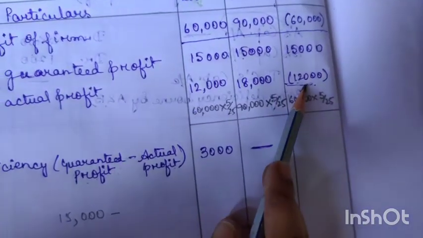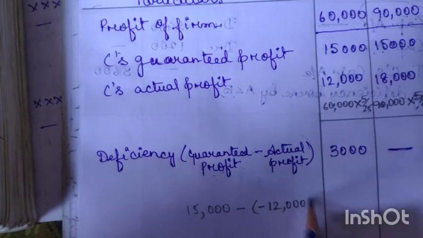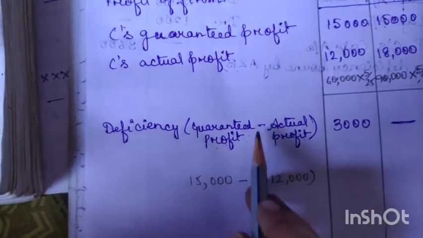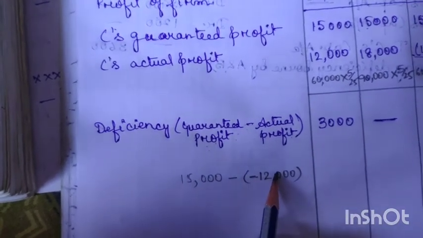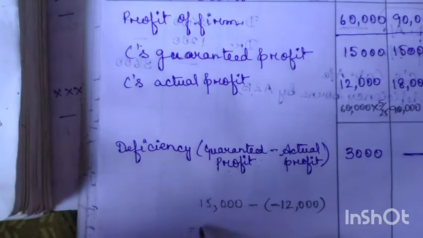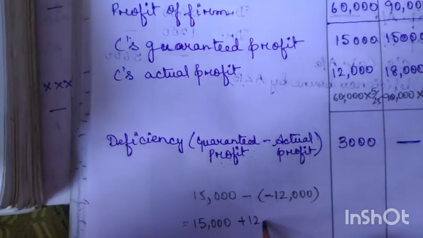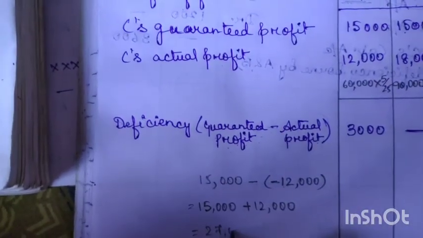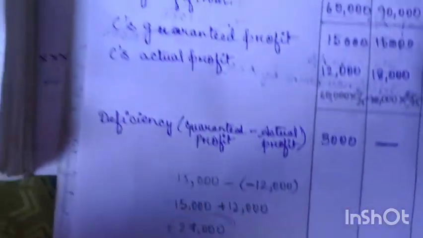Now in this year there was a loss, so we have to write two minuses here. This minus indicates loss, and this minus is according to the formula. So 15,000 minus minus 12,000. Minus minus will be plus. So 15,000 plus 12,000 becomes 27,000. So the actual deficiency will be 27,000.